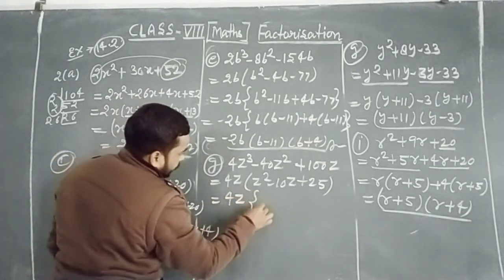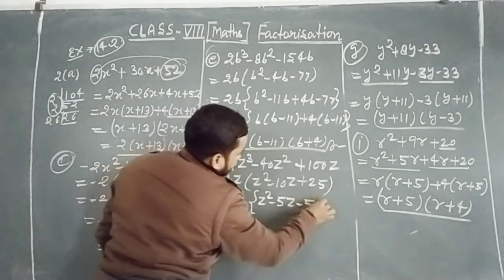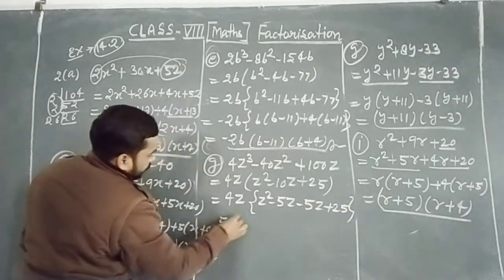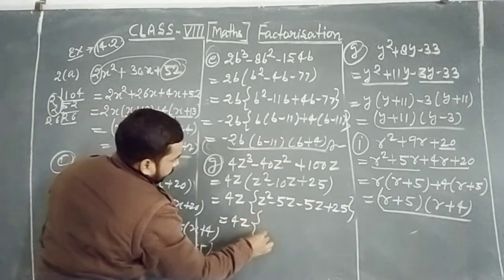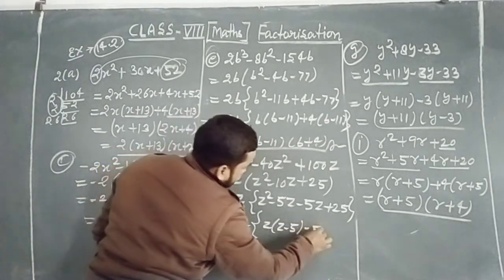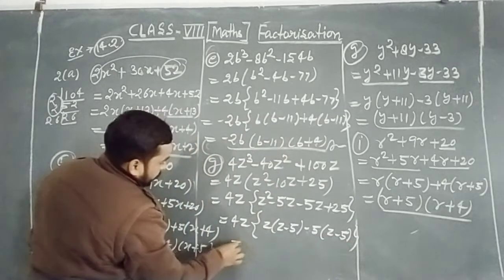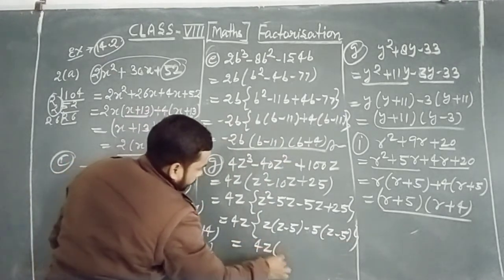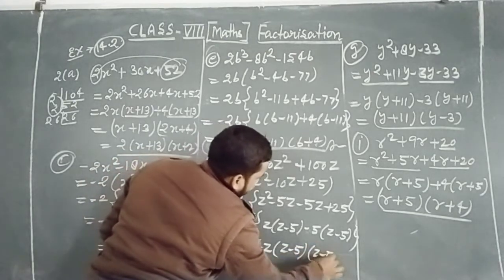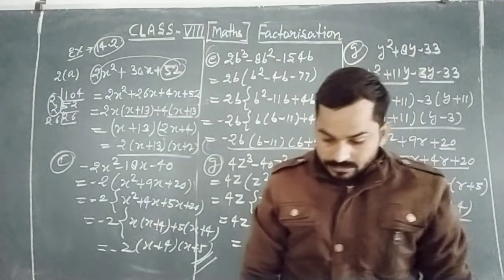So z square minus 5z minus 5z plus 25. z is common, z minus 5, and minus 5 is common, z minus 5. So factors are 4z bracket z minus 5 and z minus 5. So these are the factors of the G part.